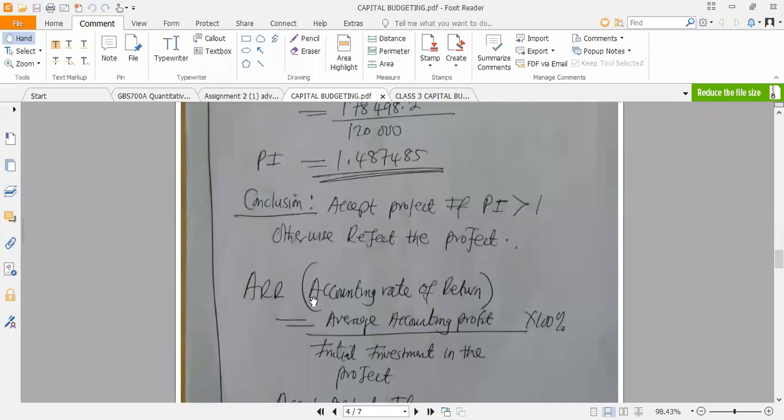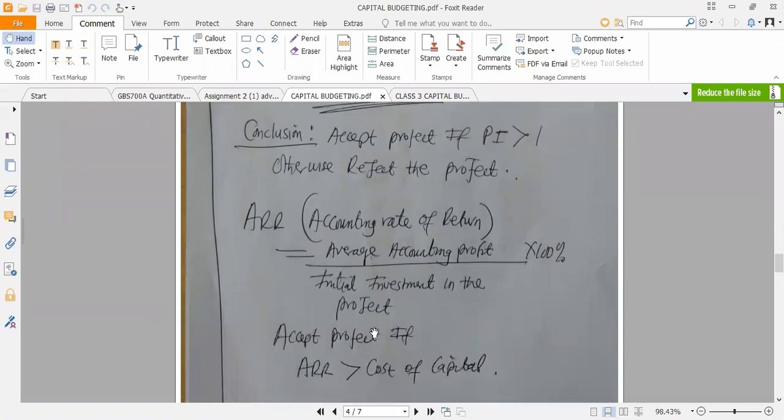And in this case, we need to accept the project if accounting rate of return is greater than the cost of capital. So the formula for accounting rate of return is equal to average accounting profit, then you divide by initial investment in the project, then multiply by 100%.